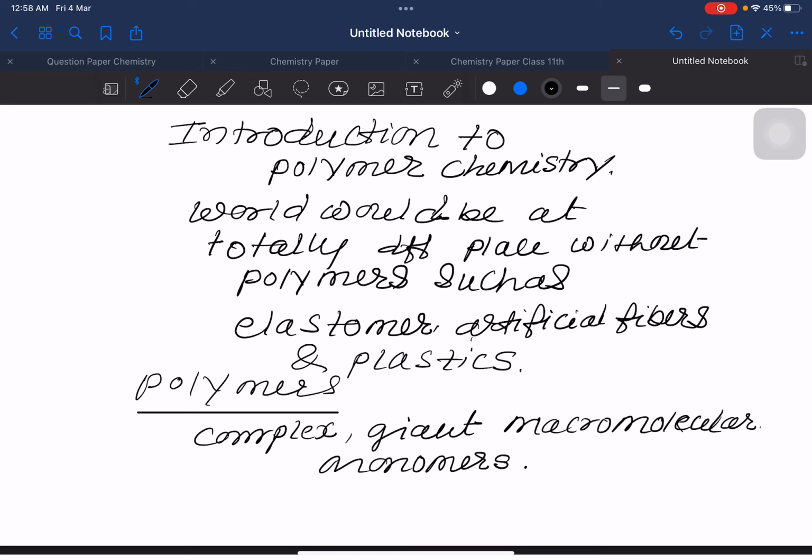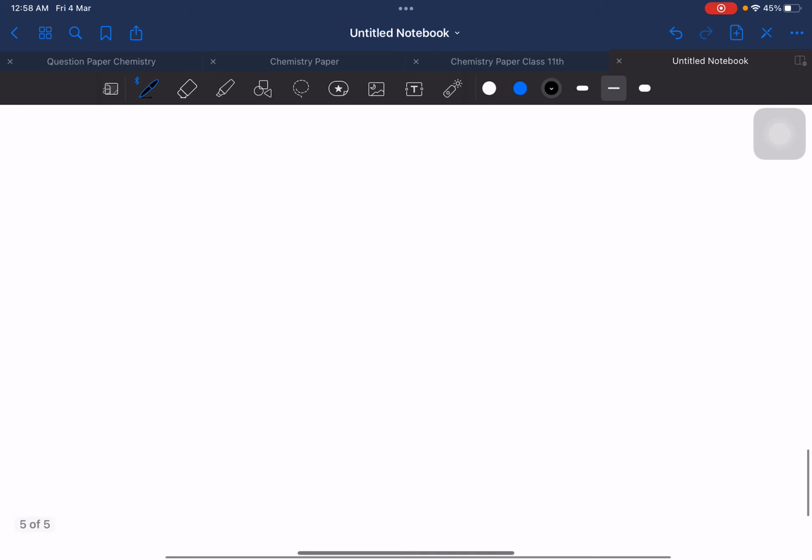The term poly means many. Polymers are high molecular mass macromolecules of 10 raised to power 3 to 10 raised to power 7 units. Both inorganic as well as organic polymers are known. In this chapter, we will study some aspects of organic polymers.